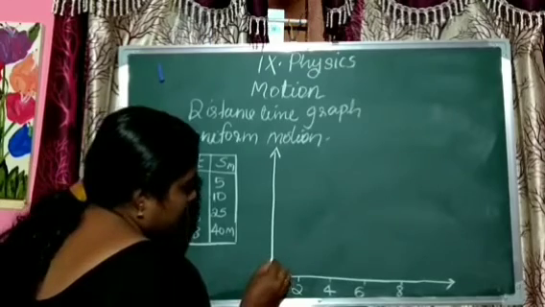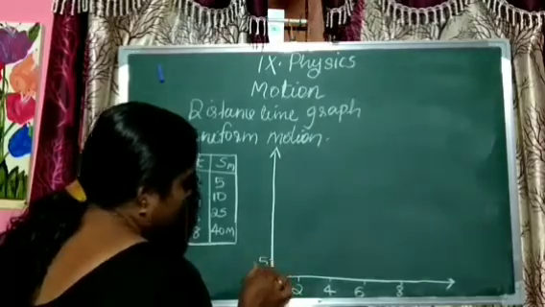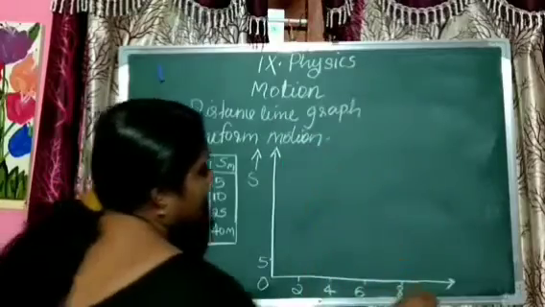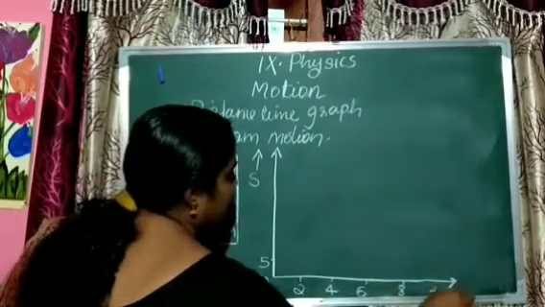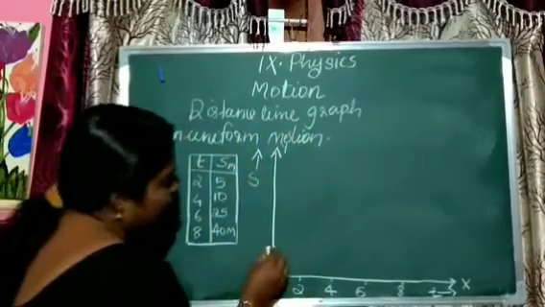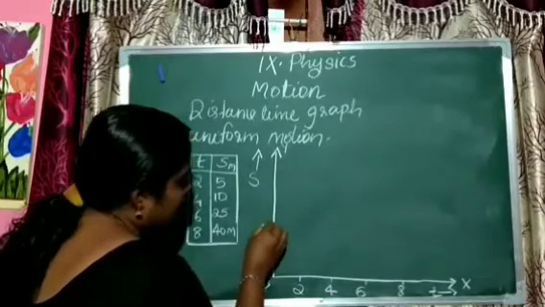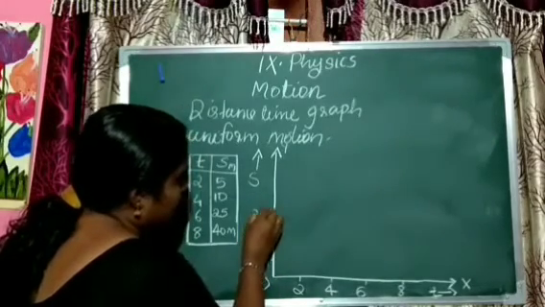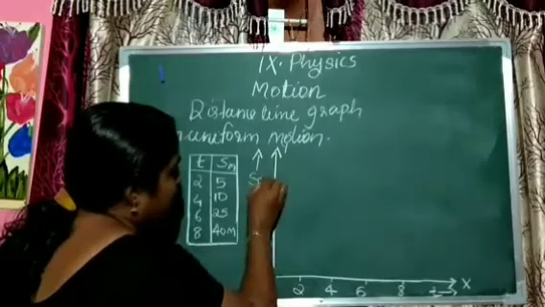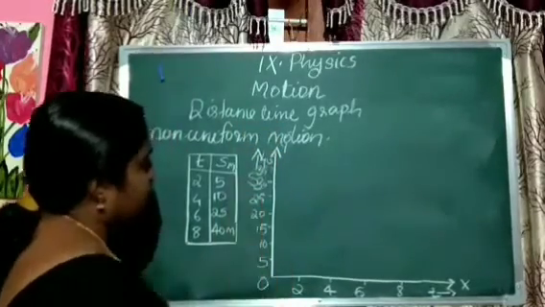Here I am taking the scale 1 centimeter equal to 5 meters. So this is S, that is displacement, and here it is time on the x-axis. This is the x-axis and this is the y-axis. So here 5, then 10, then 15, then 20, here it is 25, then 30, 35, and the last 40.